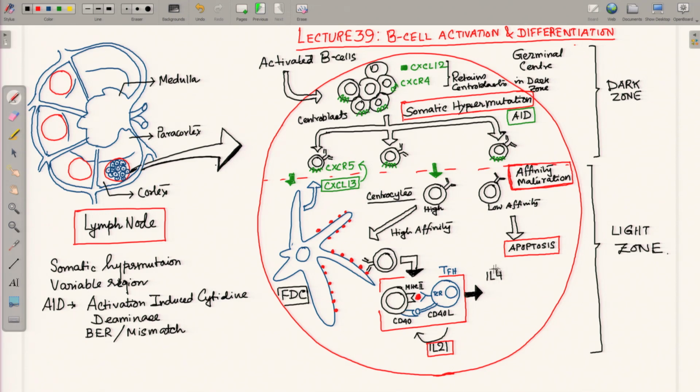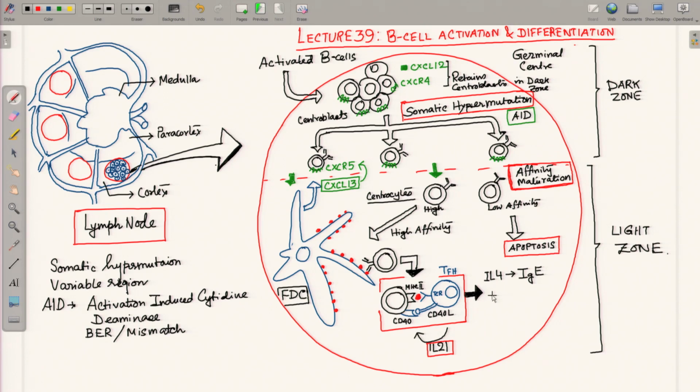For example, you will have IL-4, interleukin 4. When we study the cytokines more in detail, we will see the role of the different cytokines, the different interleukins. For the time being, let us know that this interleukin 4 is mainly responsible for switching to IgE, that is immunoglobulin E, which is responsible mainly for the hypersensitivity reactions, allergic reactions.